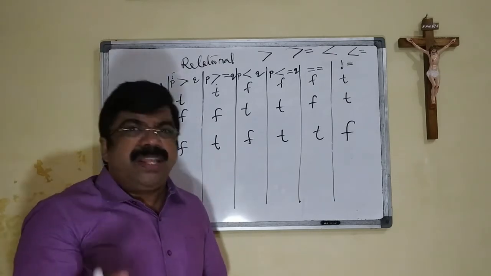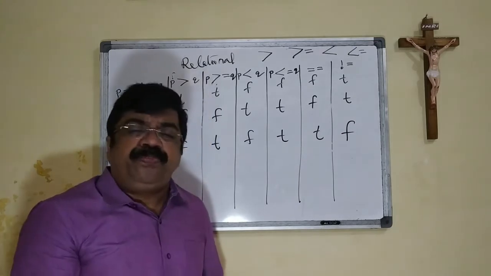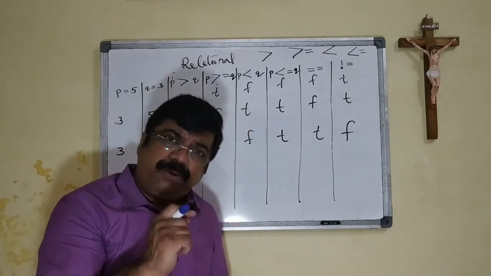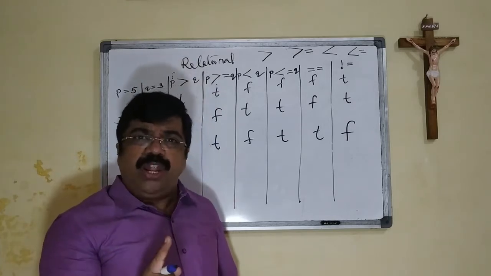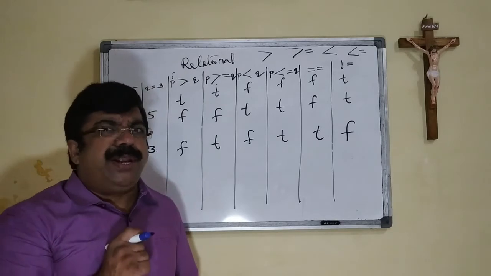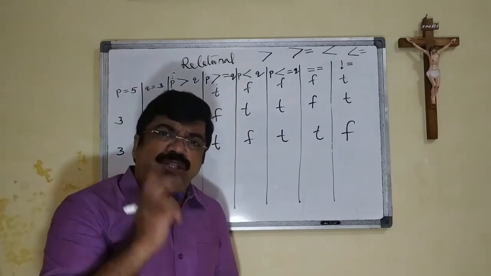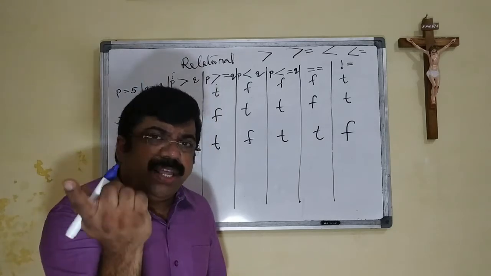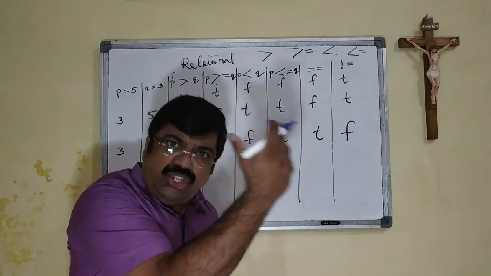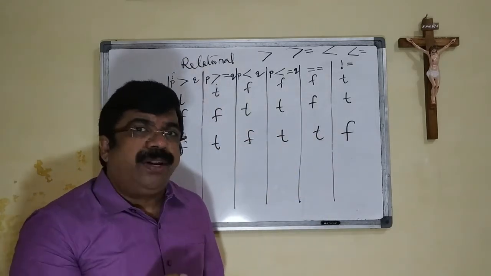Normally, when the condition is false, we can represent it with 0, and when the condition evaluates to true, we can represent it with a non-zero value. Normally it is 1, because from the beginning we studied that a switch has two modes, one is 0 and the other one is 1. 0 shows false, that is the switch is off, and 1 shows the switch is on.